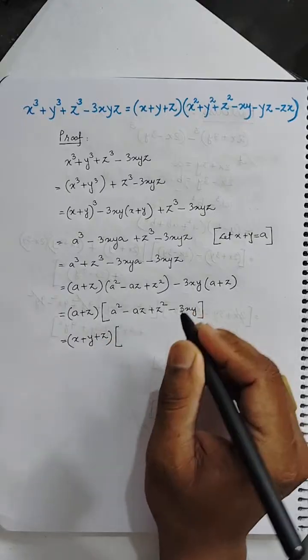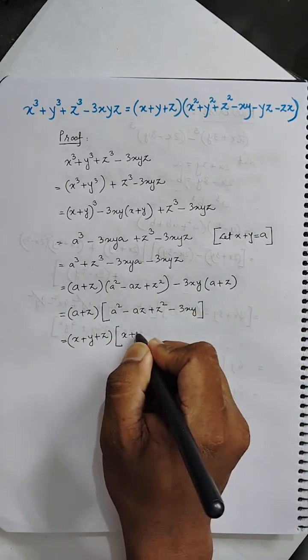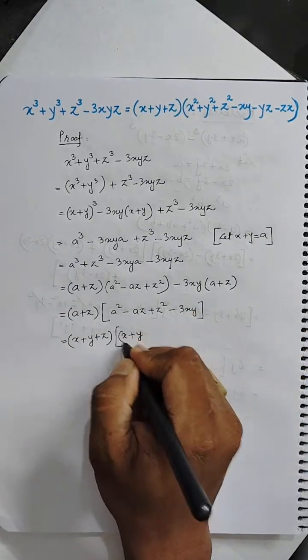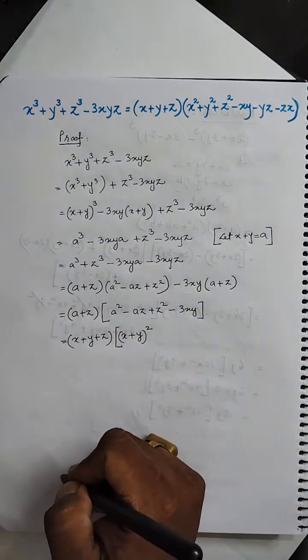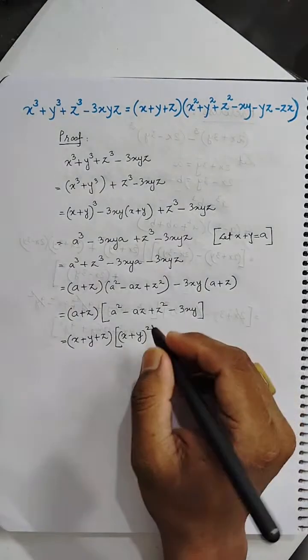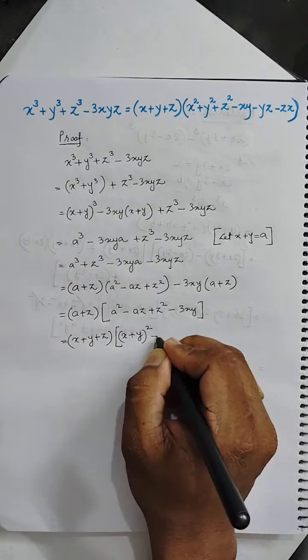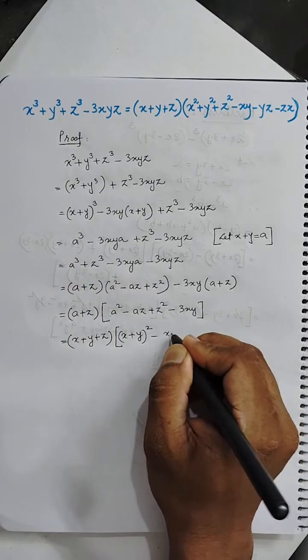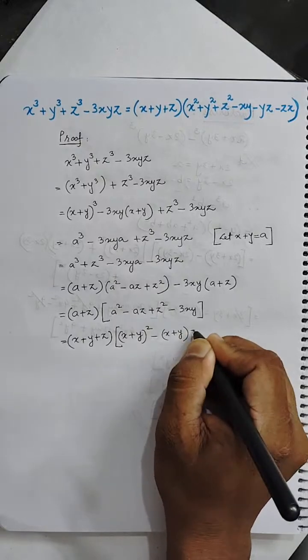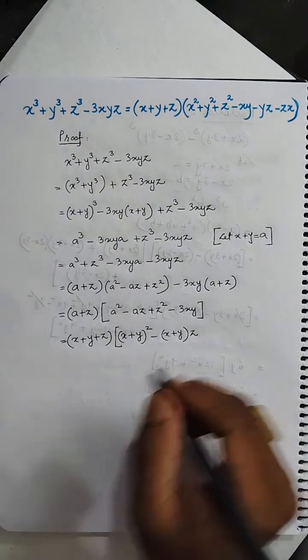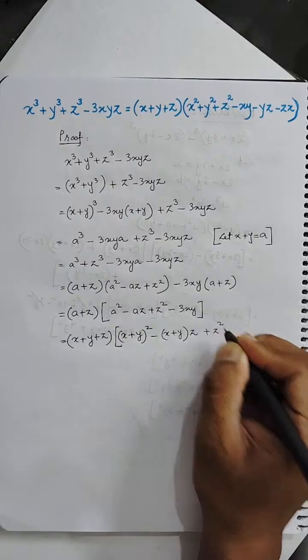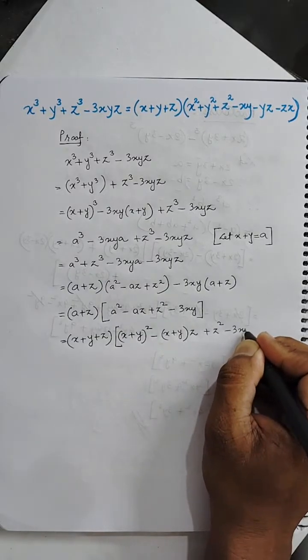For writing a square you have to be careful: in place of a is x plus y, so x plus y whole square. Then we have minus az, so in place of a we will write x plus y again and then z. Then we have z square and minus 3xy.